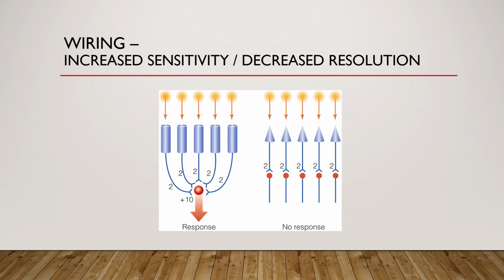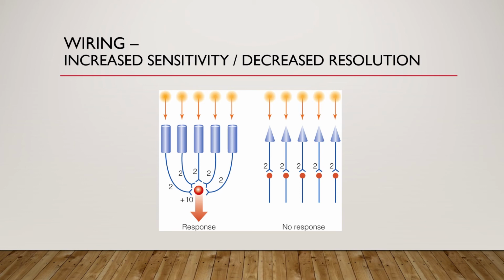If there are those 5 lights out in the world, and I'm looking right at them, you can think of this as looking at stars or something, and they're hitting those foveal cones. They're very dim lights. Each of those cones is sending on 2 units of activation to each of those bipolar cells. None of those bipolar cells are getting up to the 10 units of activation that are required for them to say, yes, there's light out in the world.